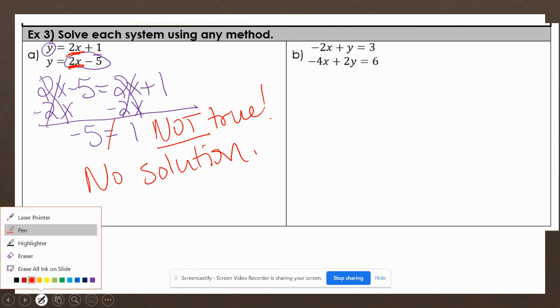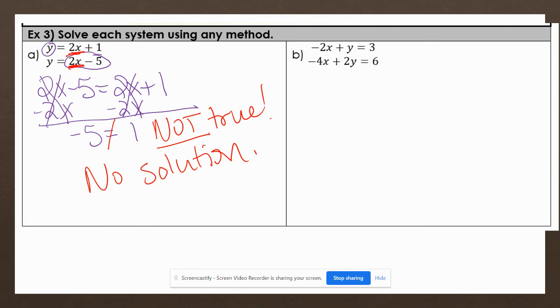For letter B, I think I'm going to solve this one using elimination. I think I'm going to eliminate the y. The opposite of a positive 2y is a negative 2y, so I'm going to multiply by negative 2. Remember, everything has to get multiplied by that negative 2. Negative 2 times negative 2 is positive 4.